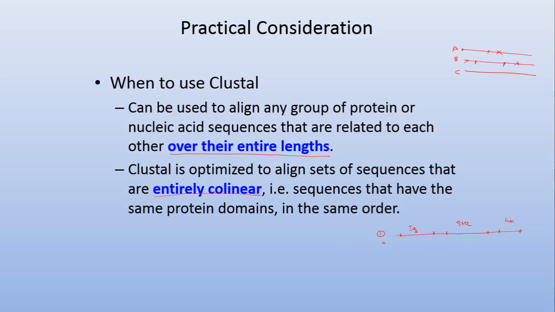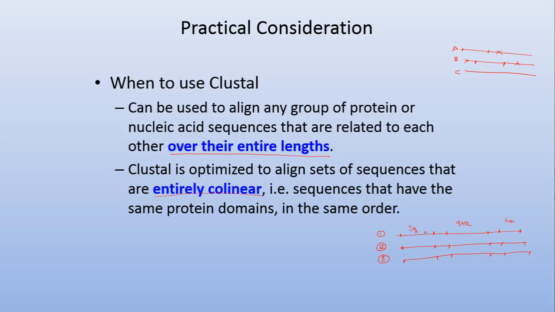Now when you give input to programs like Clustal, it is understood that all of the sequences you are providing contain the same Ig domain at the first position, the same SH2 domain at the second position, and the same kinase domain at the third position. These domains appear in the same order in all of the given three sequences. That is what we mean when we say these are entirely collinear.